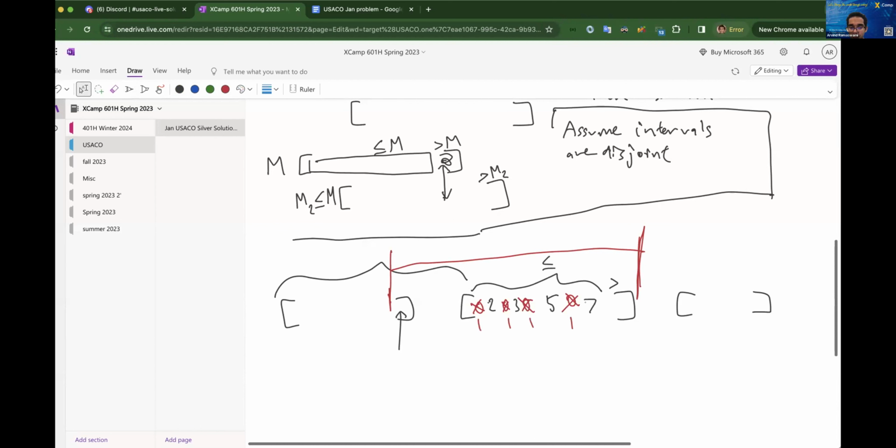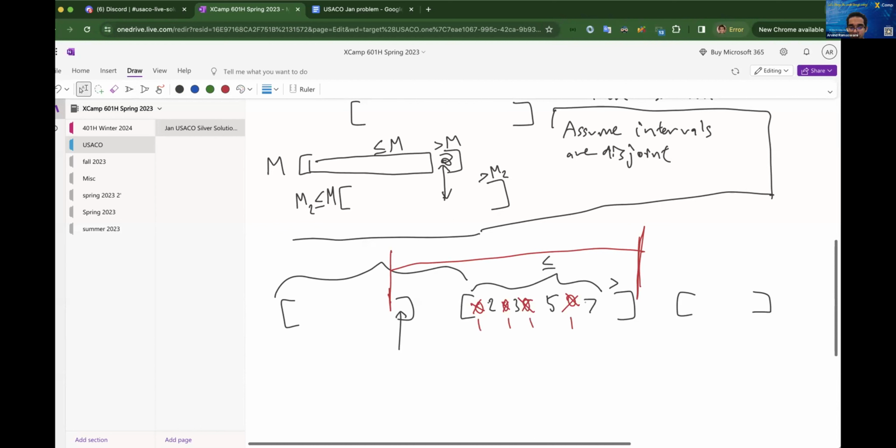So if you have two intervals that share the same right endpoint, we can just eliminate the smaller interval and take the bigger one. So property 1: if intervals share a right endpoint, take the bigger one.